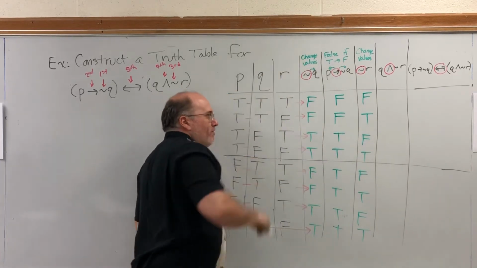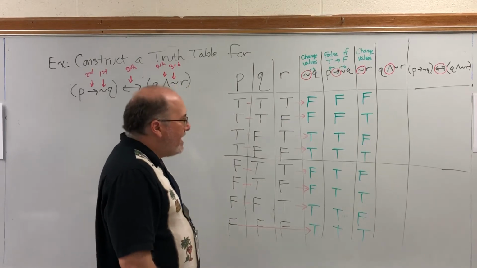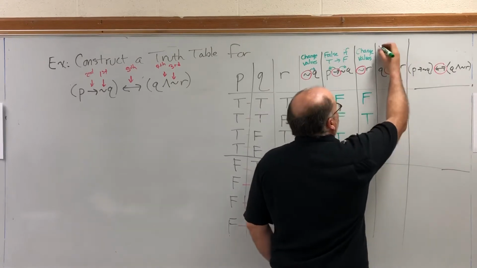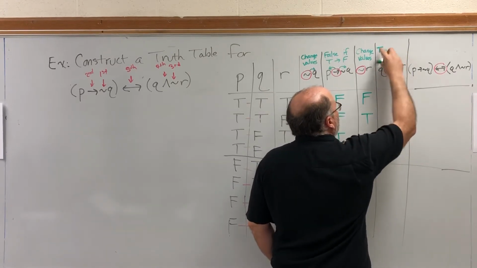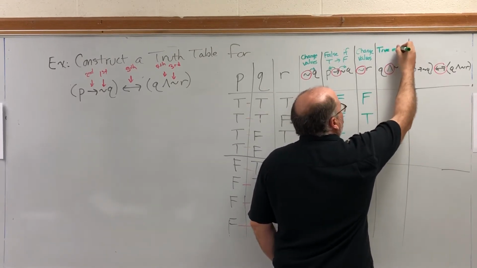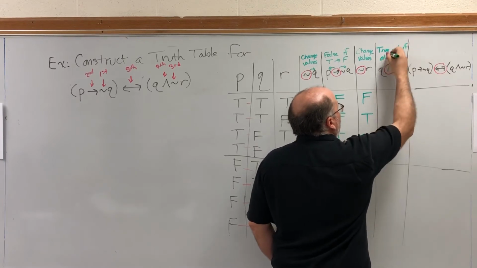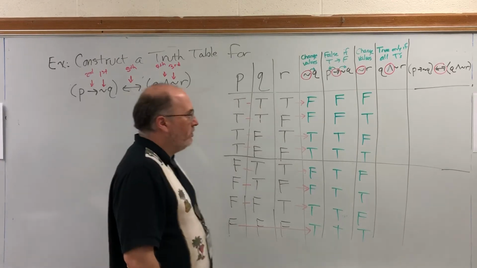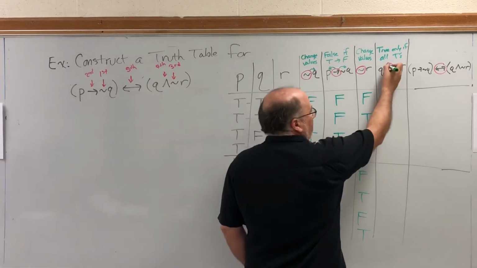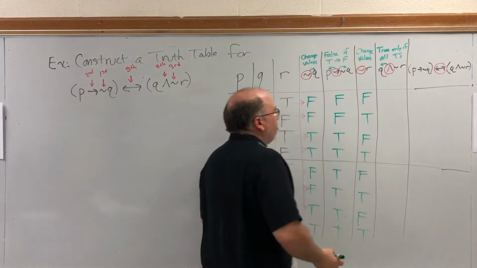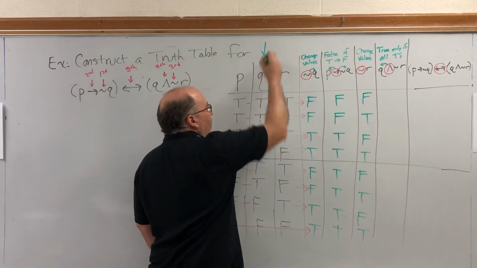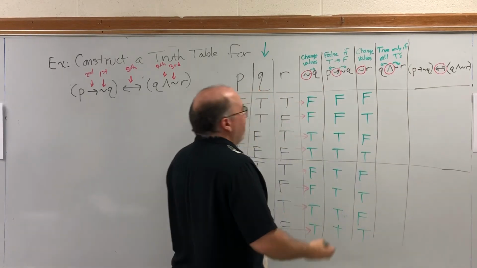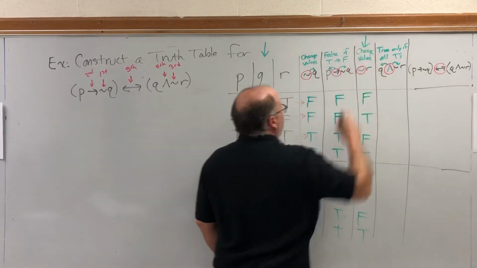Negation is pretty straightforward. The next column is a conjunction. The rule for conjunction is true only if all T's. So that's the rule I'm going to do. For the columns I'm going to do it to, the left side of the conjunction is a Q, so I need column Q. The right side is negation R, and negation R is the column I just created.